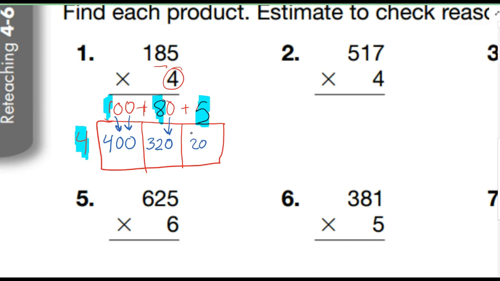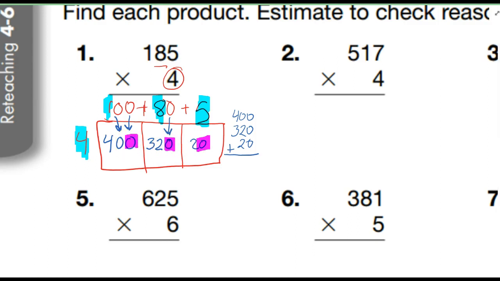Now the last step, you can do in one of two ways. You can mentally add this up if you've got those skills, or you can write down on the side 400 plus 320 plus 20. If you're adding mentally, be very cautious. I'm going to do it both ways. If I was adding mentally, I would say there's 0 in the ones place, plus 0, plus 0.